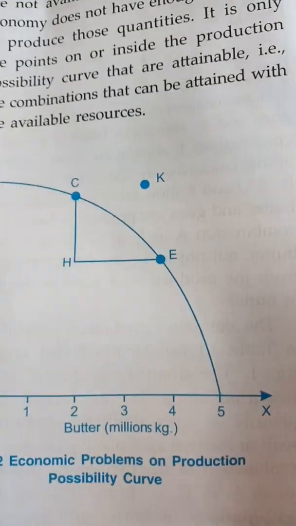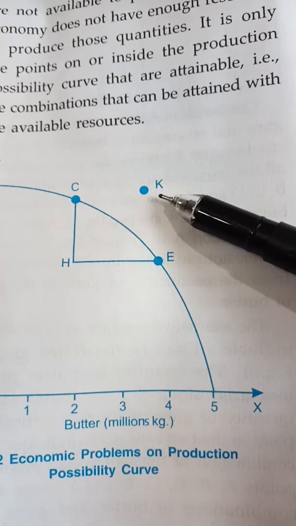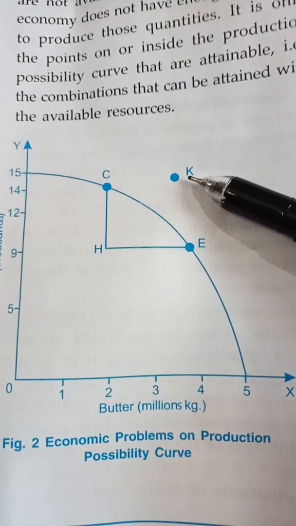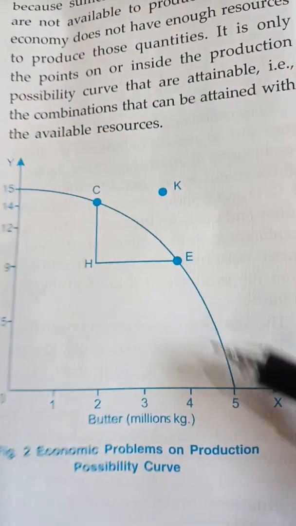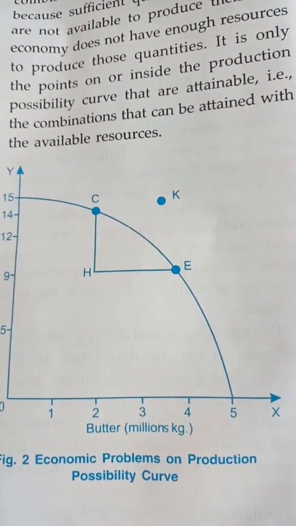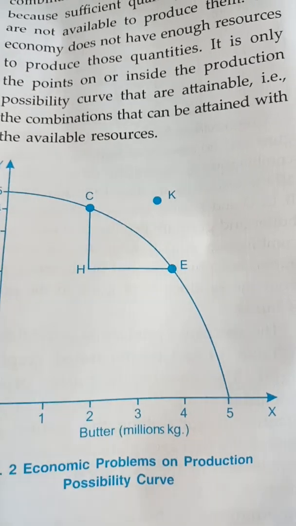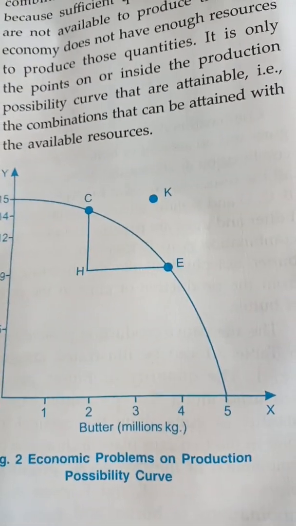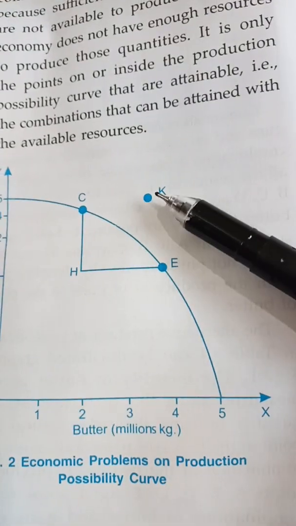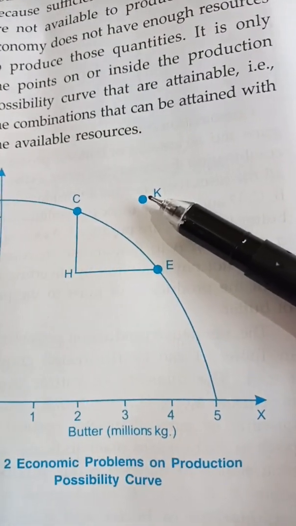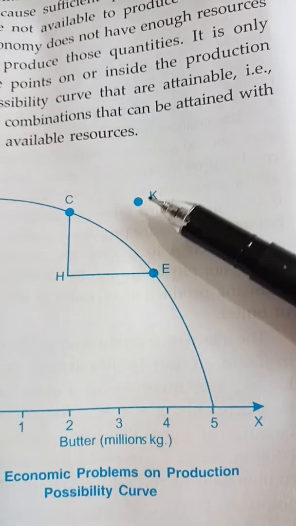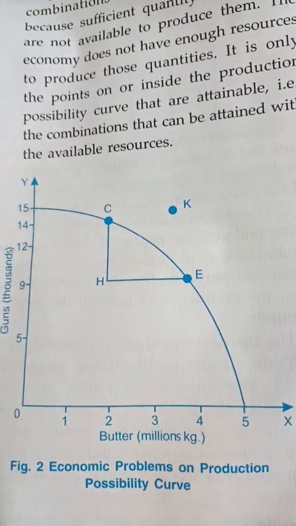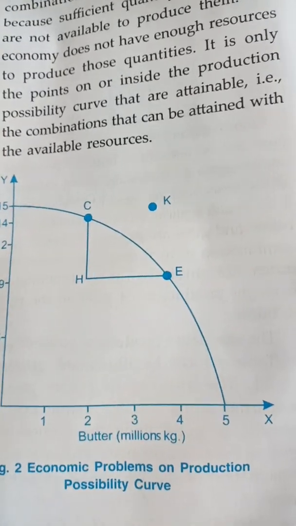Now, there's a point K. The PPC shows the maximum limit of the resources that the economy has. And this point K represents a combination which requires more resources.